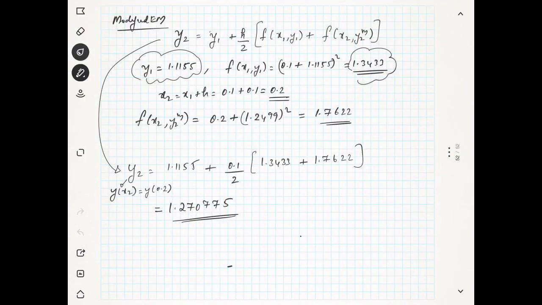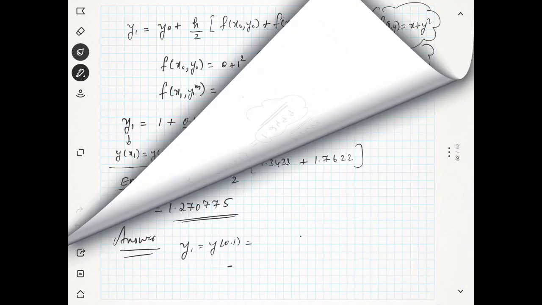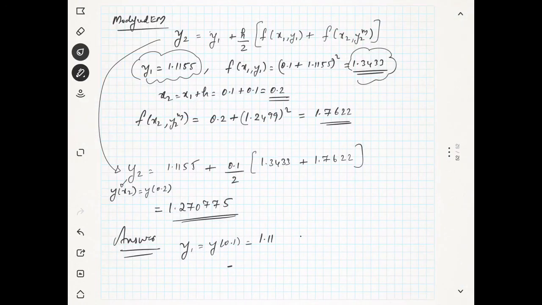We got y1, which is y of 0.1, equal to 1.1155, and y2, which is y of 0.2, equal to 1.270775.